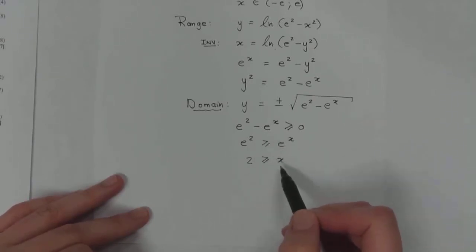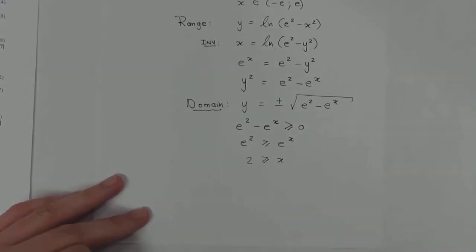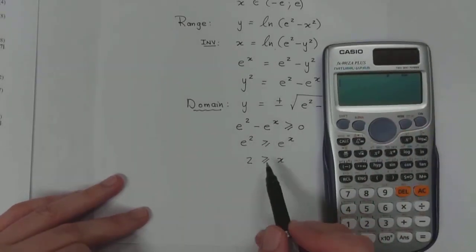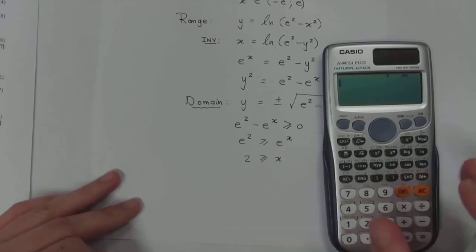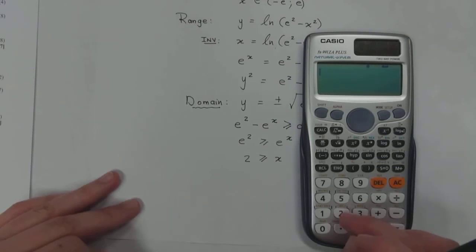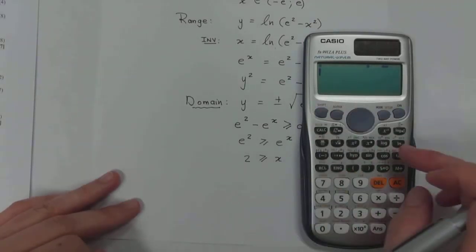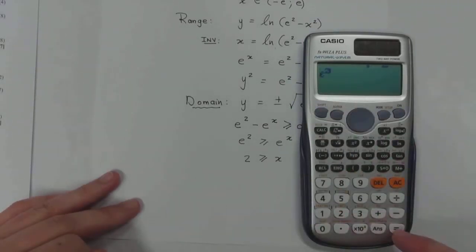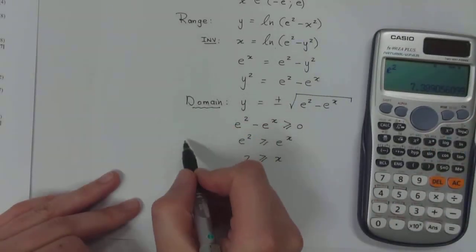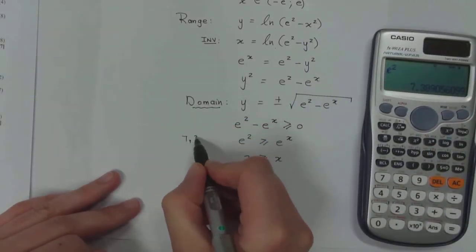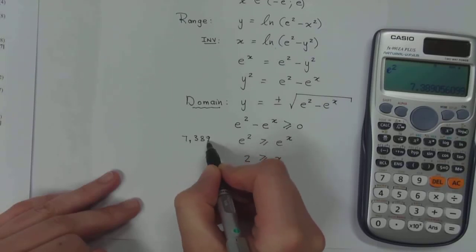So if this is the first time you've seen this, then you might want to just do a quick test to see if this will actually satisfy the inequality. In other words, I want to see if a value less than or equal to 2 will satisfy this. So you can say, okay, e to the power of 2 is equal to 7,389. I'm going to write this down, 7,389.